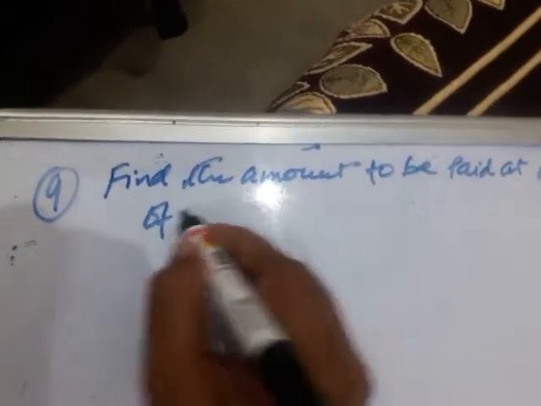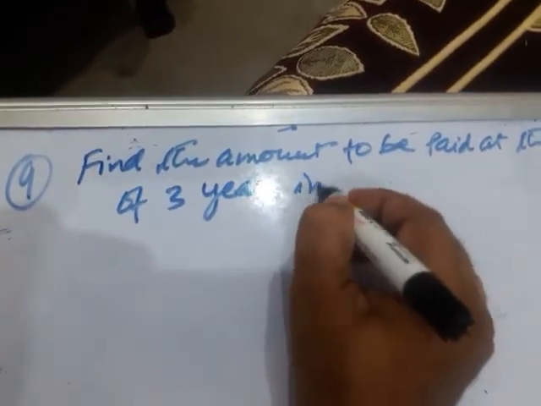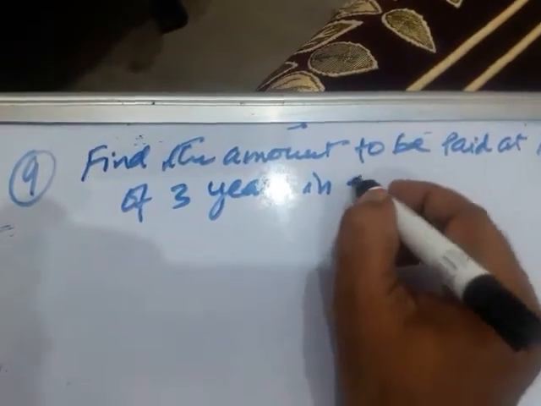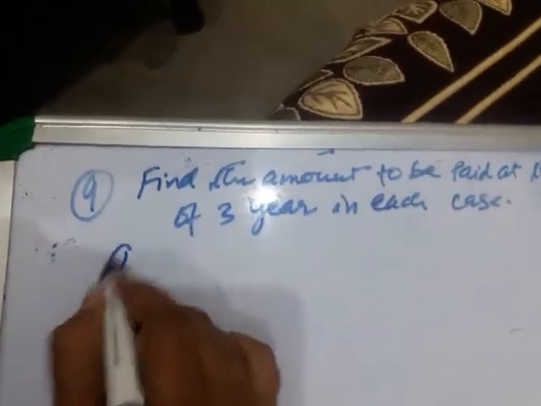At the end of 3 years in each case, only one part at the end of 3 years, that is in each case. Okay, children, what is given? What is the first case?